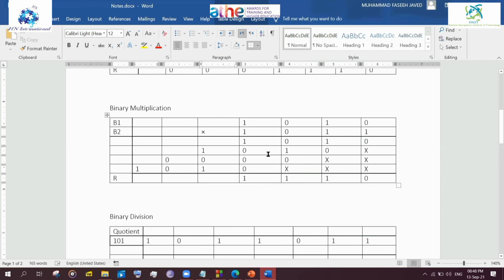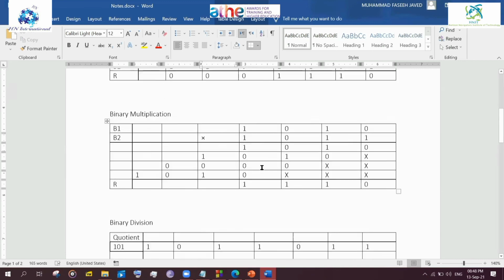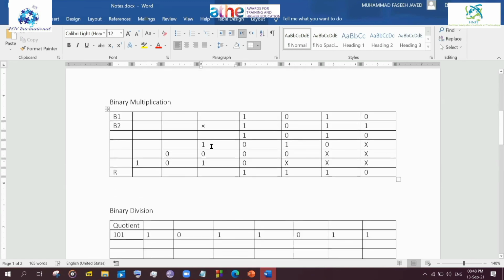If you had any confusion in addition, why didn't you ask me then? In binary addition, we cannot have 2 here. 2 cannot come in base 2. So 1 plus 1 is 1 0.